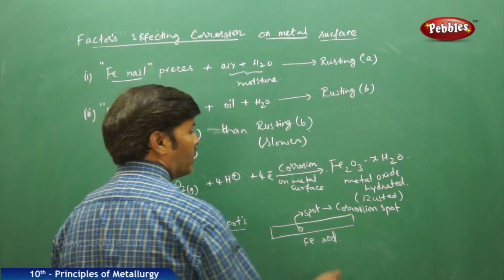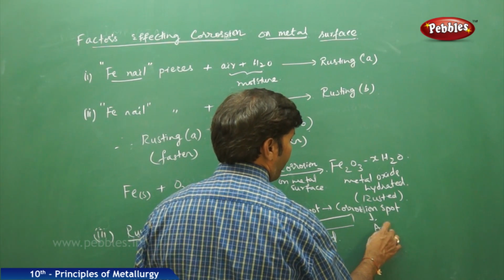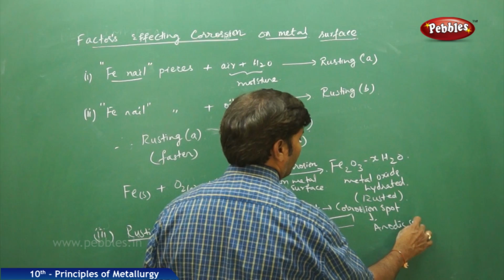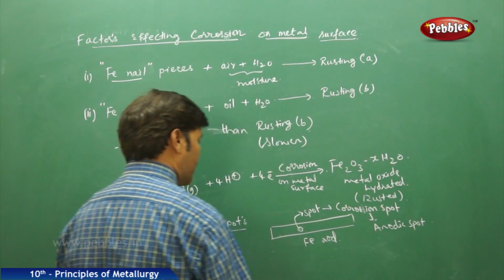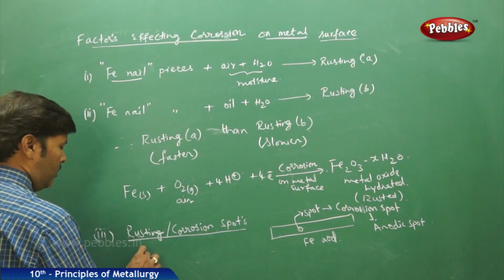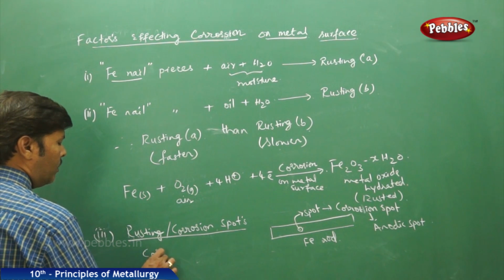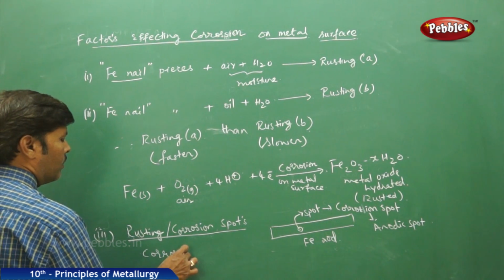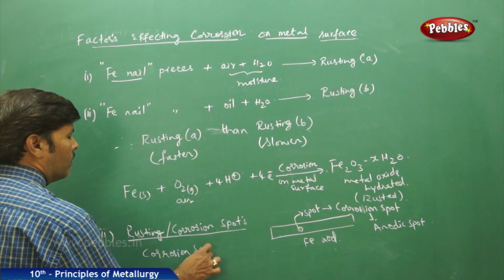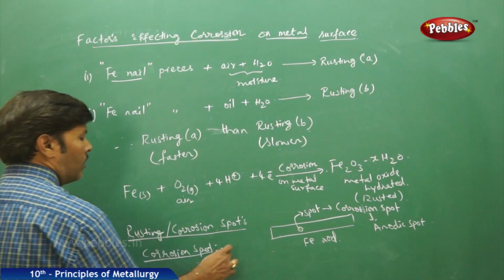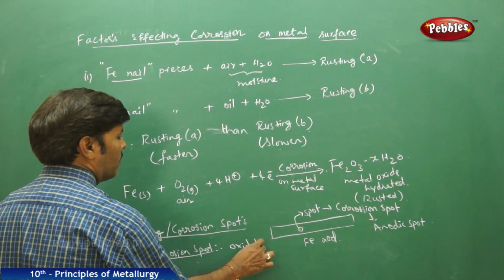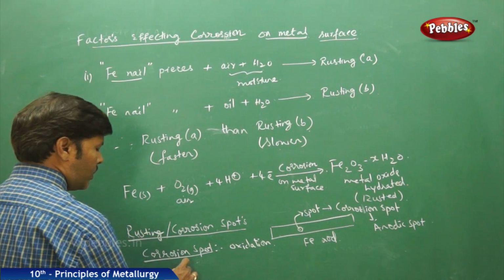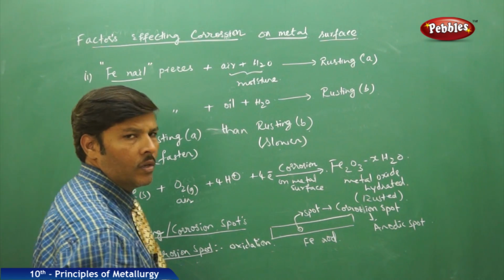This corrosion spot acts like an anodic spot, because it is acting as an anodic spot. So the corrosion spot undergoes oxidation, and during oxidation it gets de-electronated.